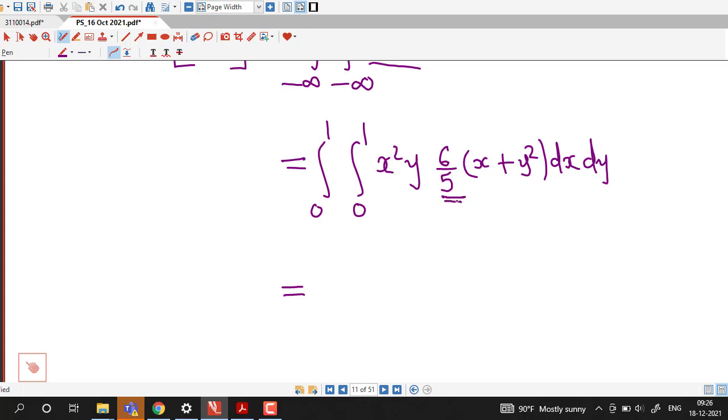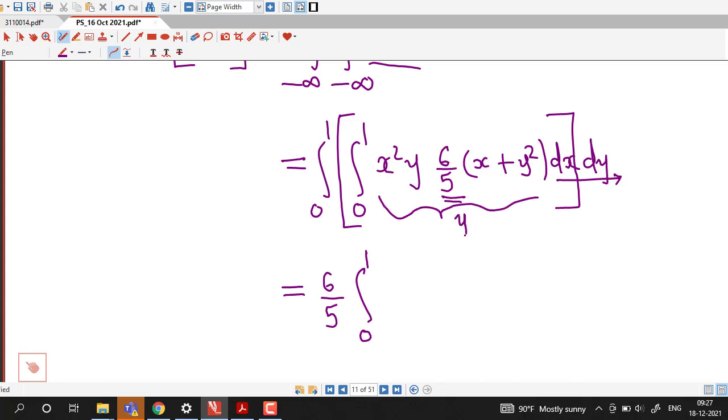We can take the constant outside the double integral. First we integrate with respect to x. For integration with respect to x we will treat y as constant.